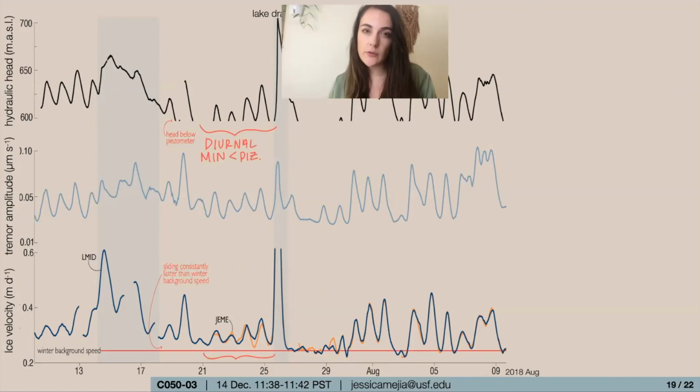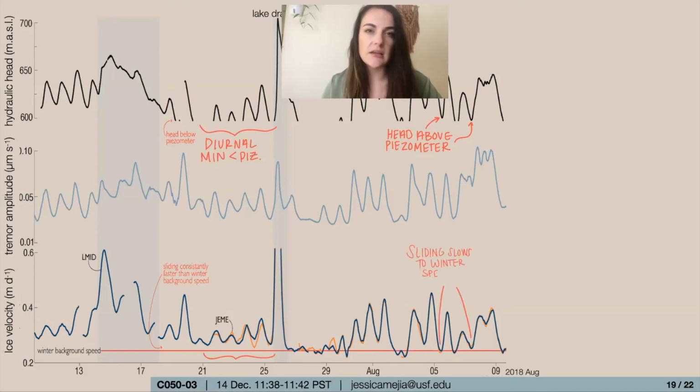Specifically, over the week before the lake drainage event, diurnal minimum moulin water levels were consistently below the piezometer's elevation. However, during this time, sliding speeds were also consistently above wintertime background speeds. Let me point you to two occasions after the lake drainage event at the beginning of August. So here, moulin water levels are actually above the piezometer.